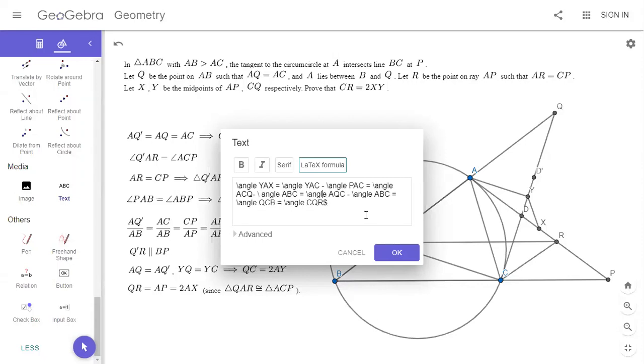All right, so I'm going to break this up into two lines. See how this comes out.